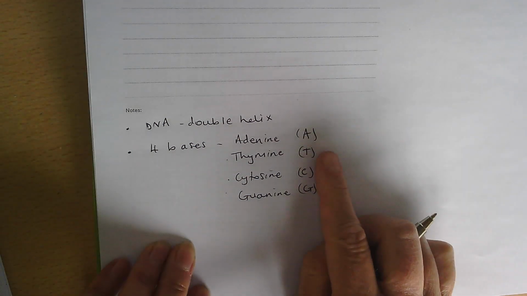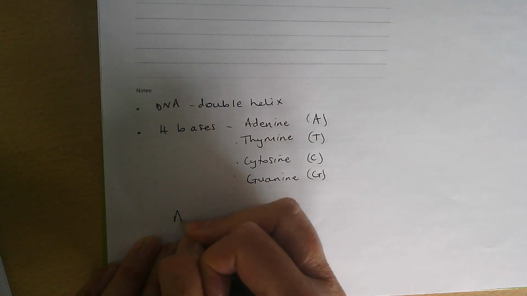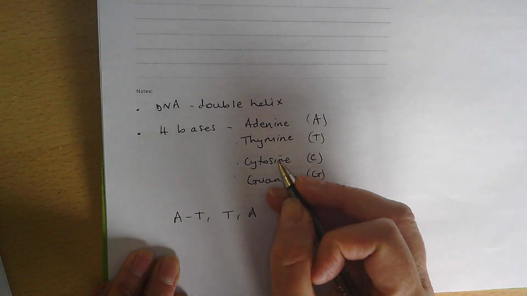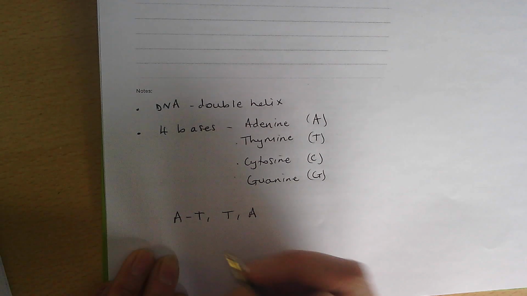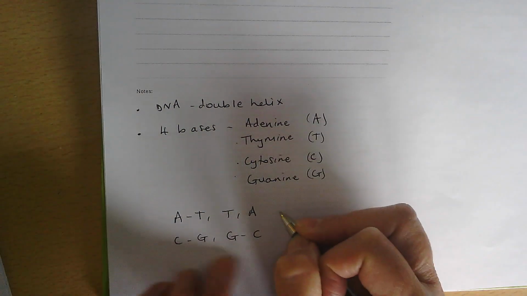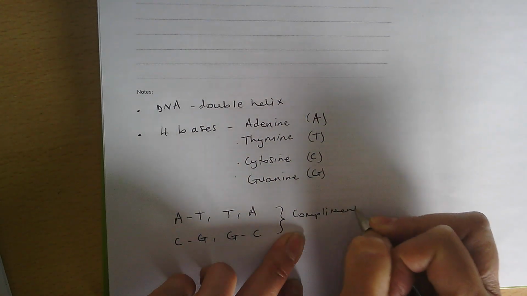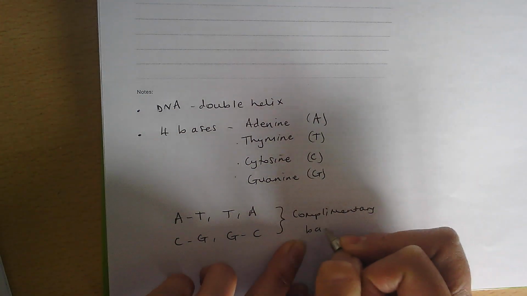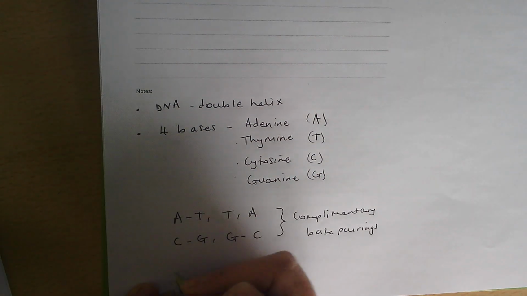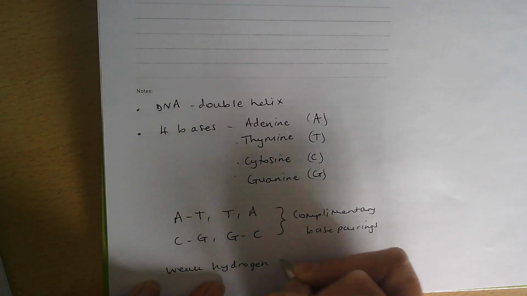And it's okay just to refer to the letters. So we have complementary base pairings here, between adenine and thymine, so you will get either that pairing or that pairing, and cytosine and guanine are complementary base pairs, so C with G or G with C. They are called complementary, meaning to complement, and they are held together by weak hydrogen bonds.